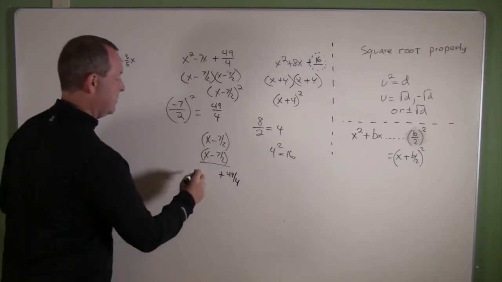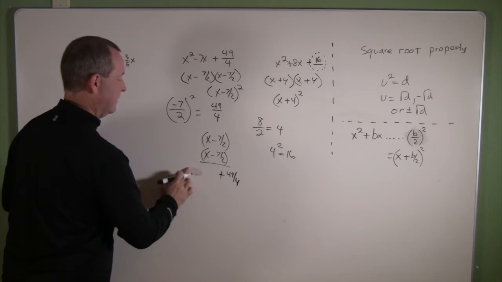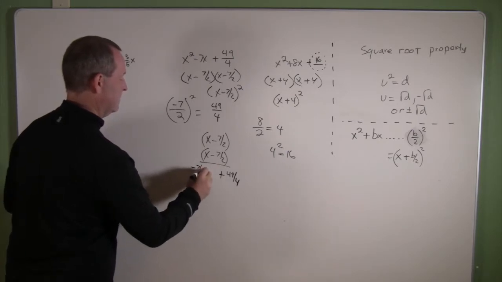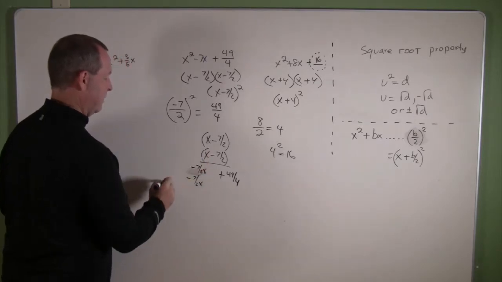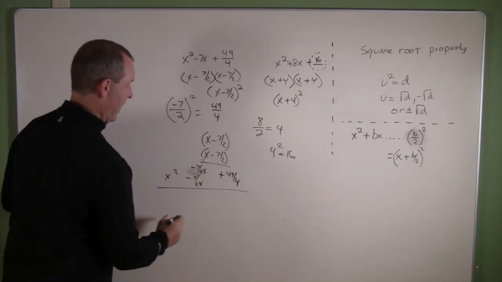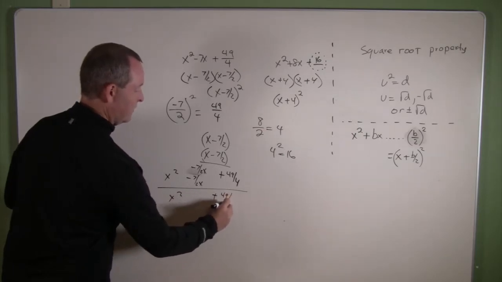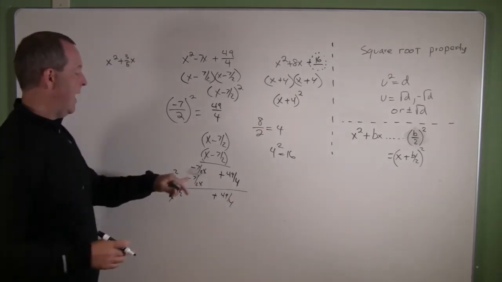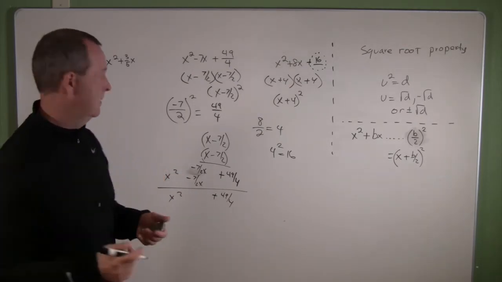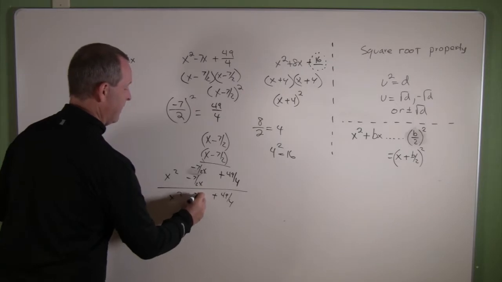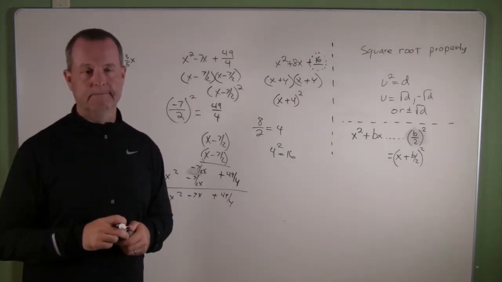These two terms produce a negative 7 halves x, and another negative 7 halves x. And first times first is x squared. Add those up: I have an x squared at the beginning, a plus 49/4 at the end, and then I just need to add negative 7/2 plus negative 7/2, which produces a negative 7x. So that indeed works itself out.